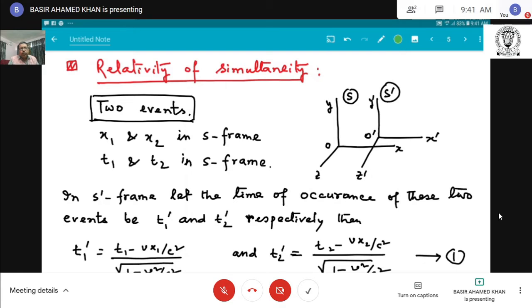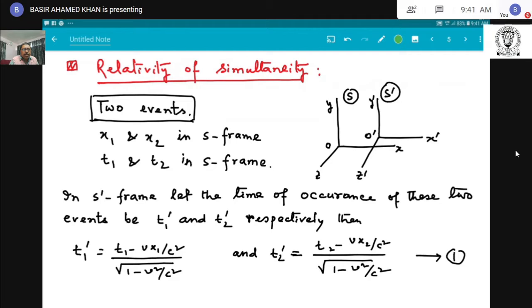That means the two events occurred in S frame at positions x1, x2 and times t1, t2, but in S dash frame the times of occurrence of these two events are t1 prime and t2 prime respectively.